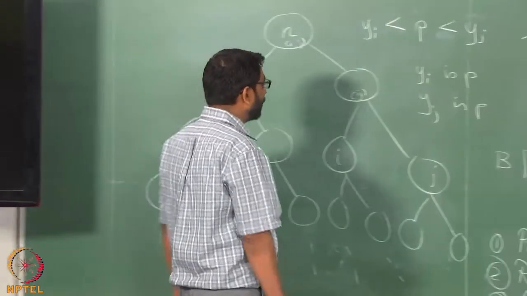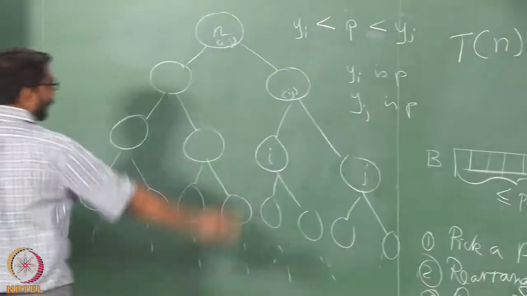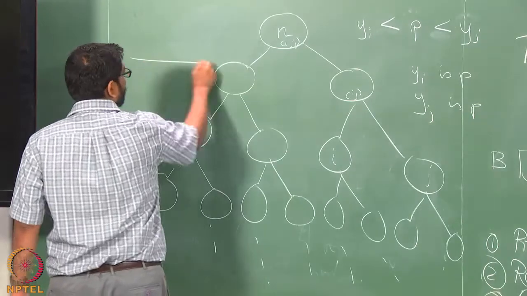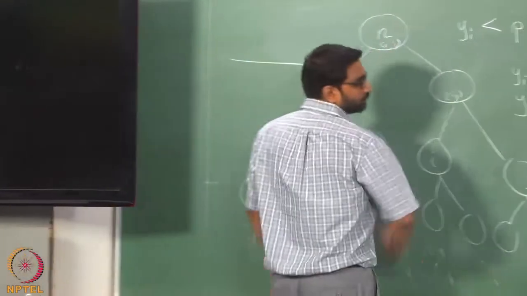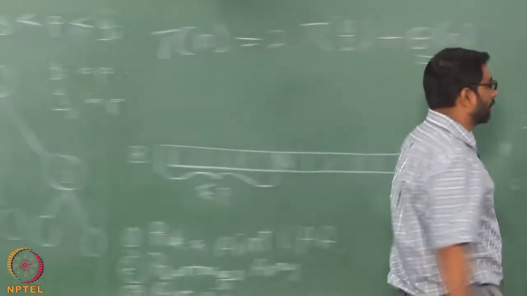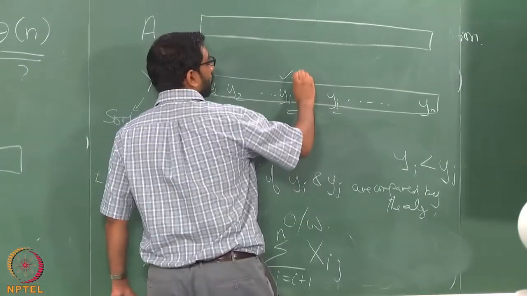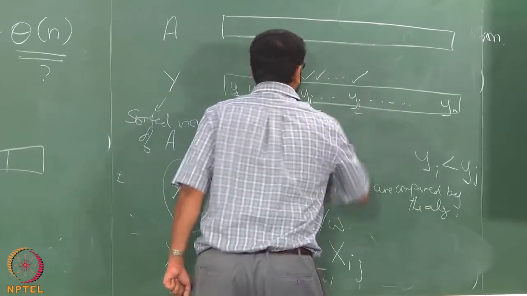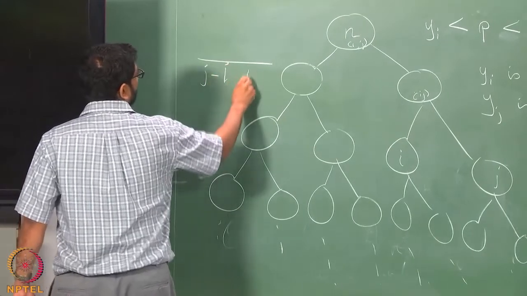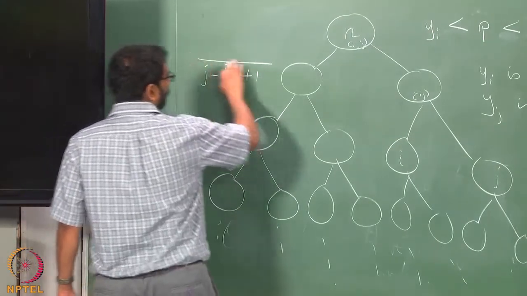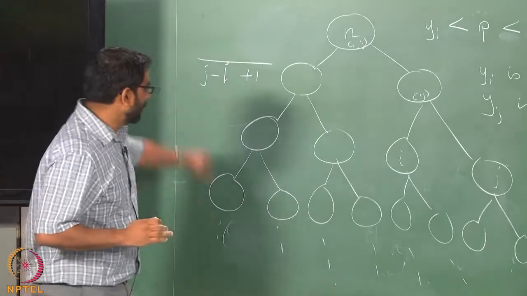And what is the probability of that happening? How many elements are there between Yi and Yj? In this picture, it's Yi, Yi plus 1, and so on up to Yj. So there are j minus i plus 1 possible elements in that range.